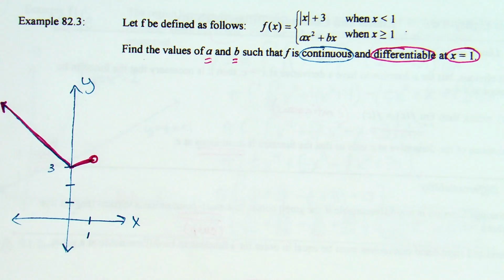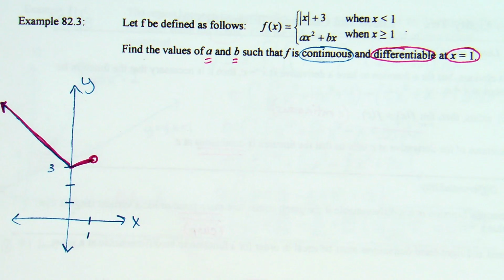Now, what do you know about ax squared plus bx? It's a parabola. Since we don't know what a and b are, do we know what the parabola is doing? No. Maybe it's going up. Maybe it's going down. Maybe it's on the right side of the parabola.